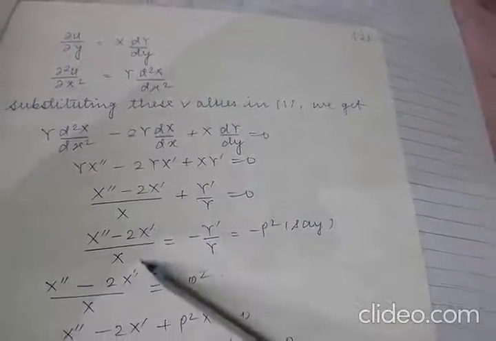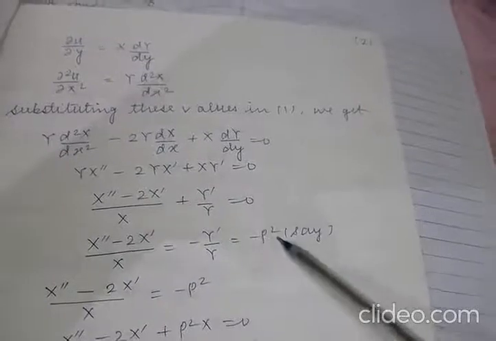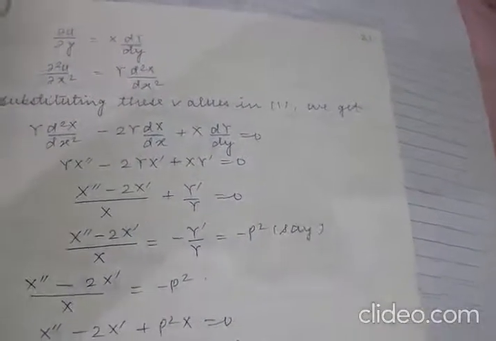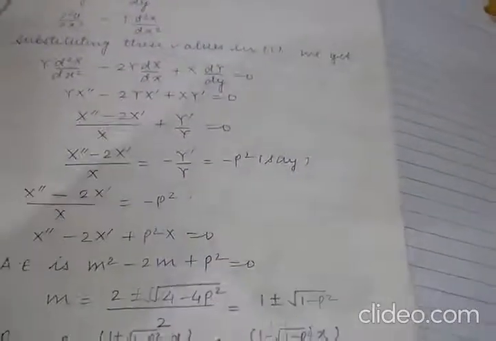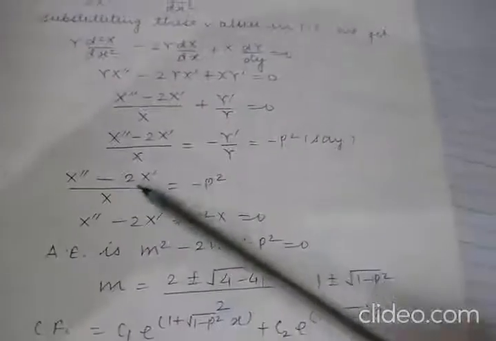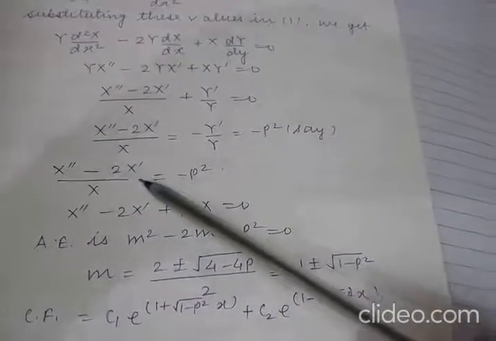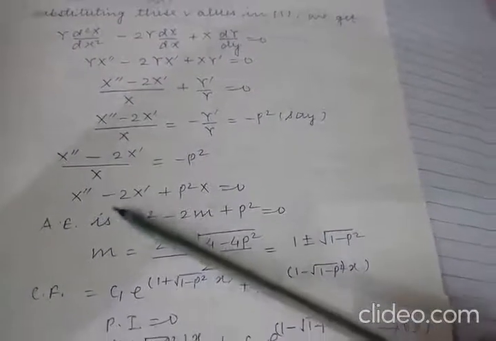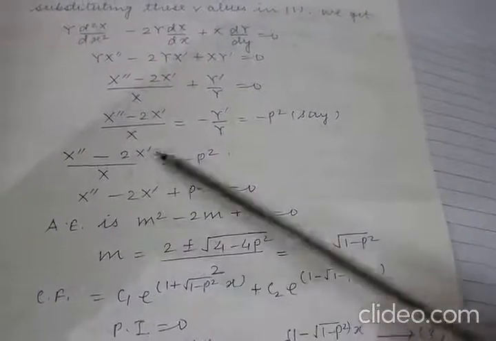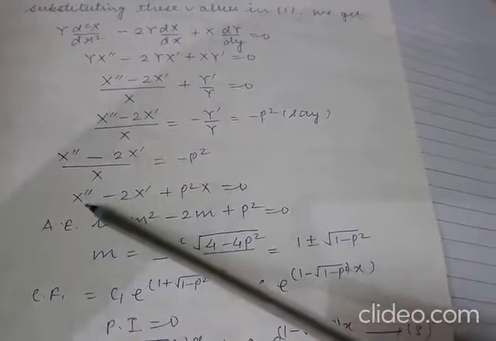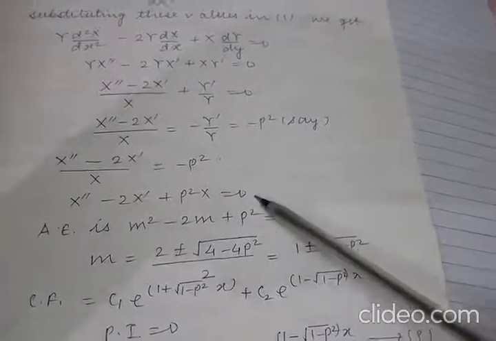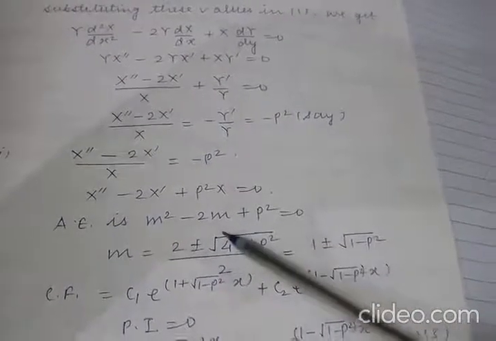Now we will solve first fraction and last fraction, second fraction and last fraction to obtain the solution in the form of X and Y, or to find the value of X and Y. Now putting X double dash minus 2X dash upon X is equal to minus p square, we will simplify this in the form of X double dash minus 2X dash plus p square X is equal to 0, which is a quadratic equation.